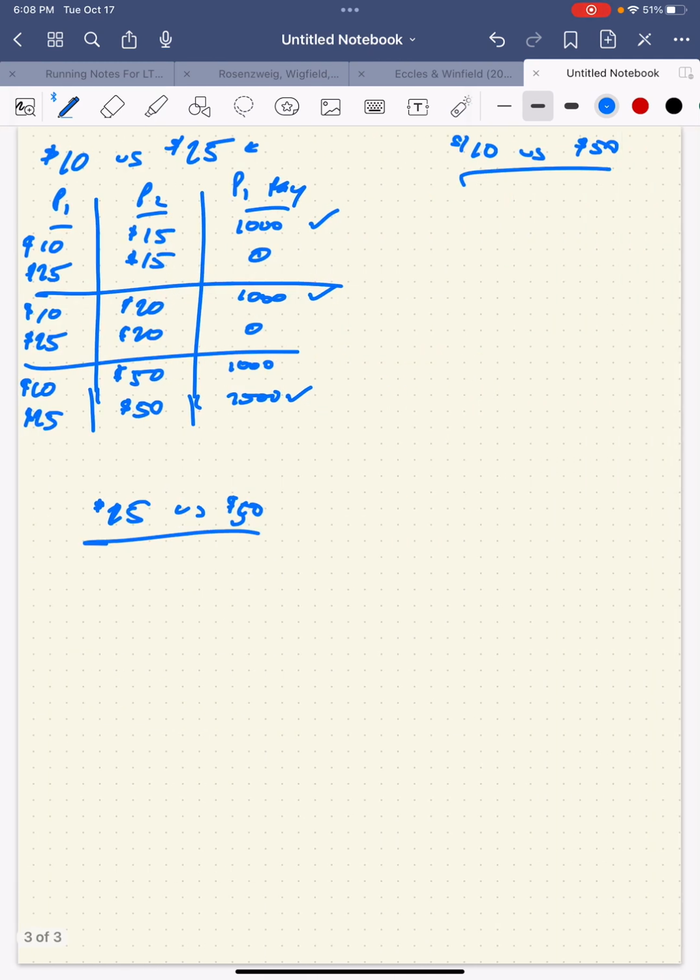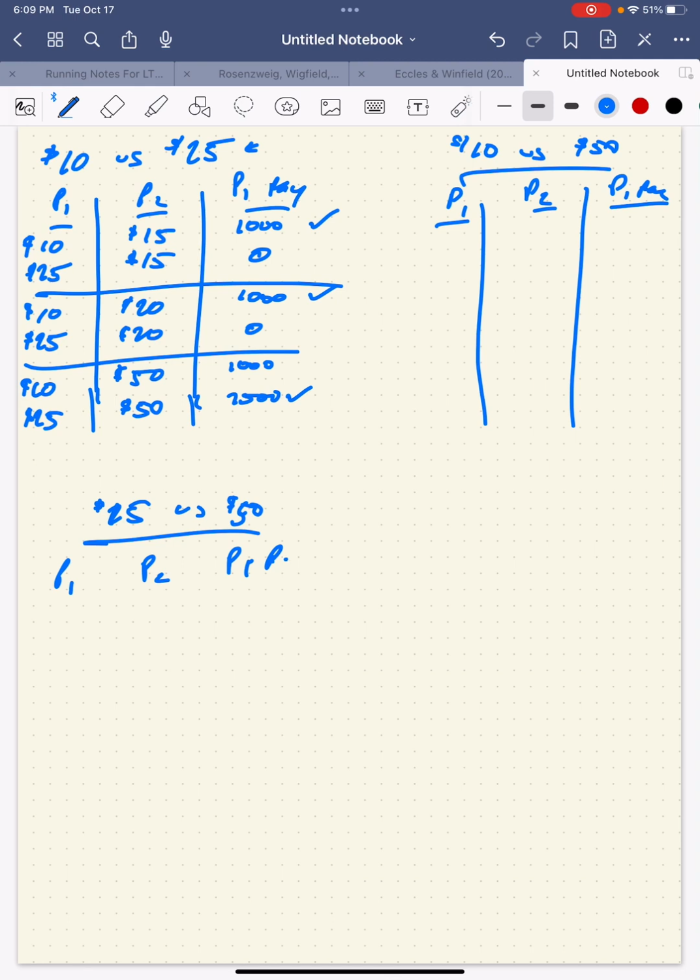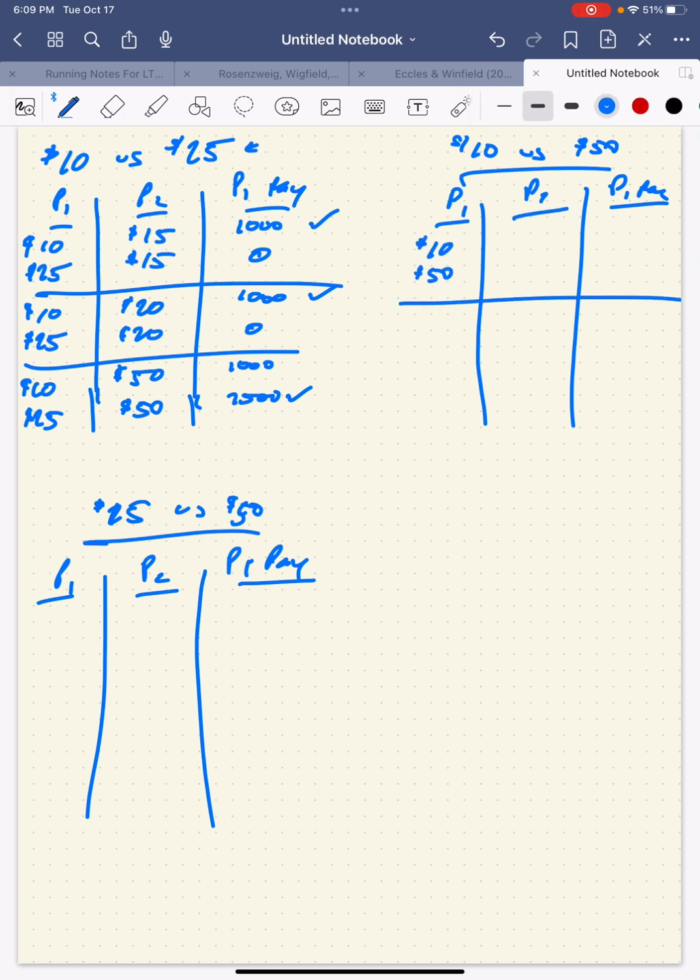Okay, so again, same setup, player one, player one payoff, publisher two payoff, or publisher one payoff. And we want to compare, again, each one of these strategies against each other. So 10 or 50.